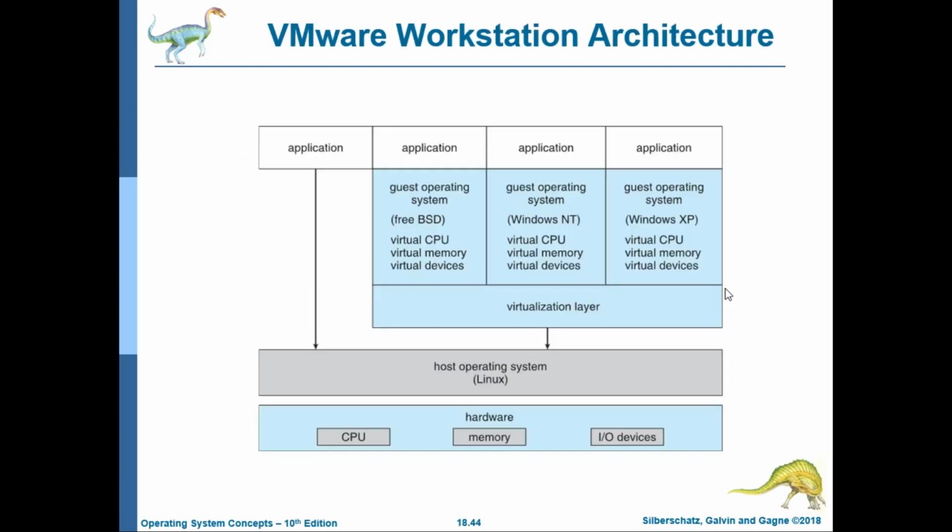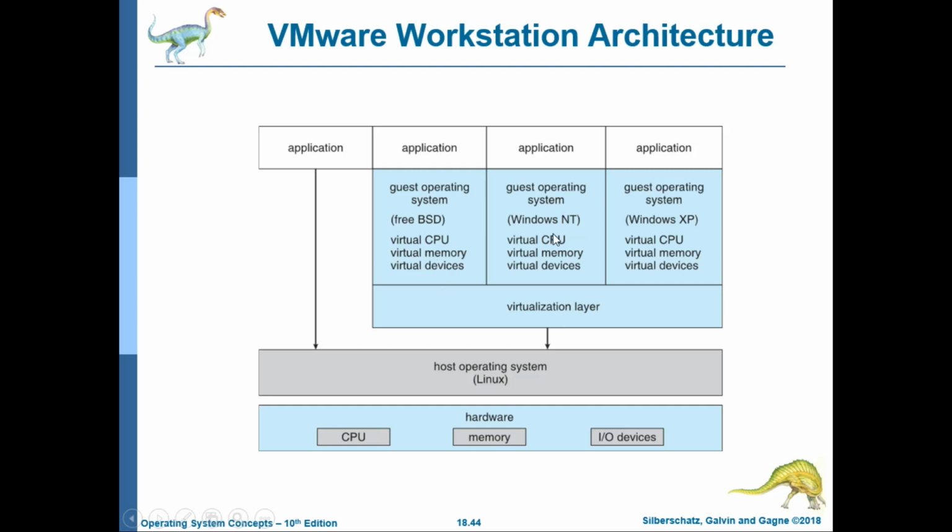So this is an illustration of the VMware Workstation architecture. For the hardware, of course, we have the CPU, memory, and the I/O devices. And then for VMware, as an example, the host operating system is Linux. And then this application is an application running natively on the host operating system. And then it has a virtualization layer.